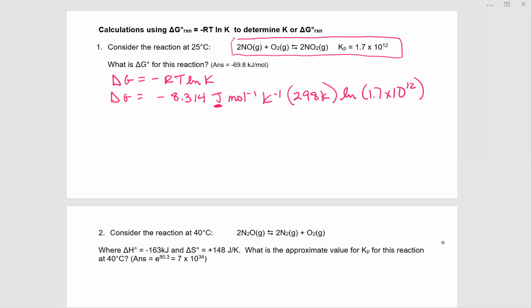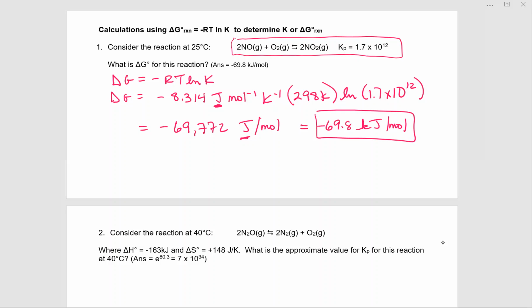When we do that, our answer is going to be negative 69772 joules per mole. Notice our units are in joules. If we want to convert to kilojoules, you're just going to divide through by 1,000, so that would be negative 69.8 kilojoules per mole.